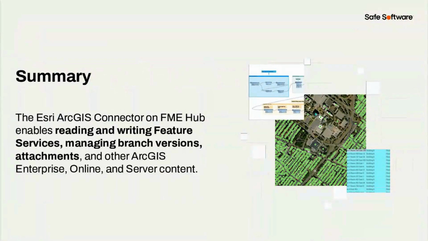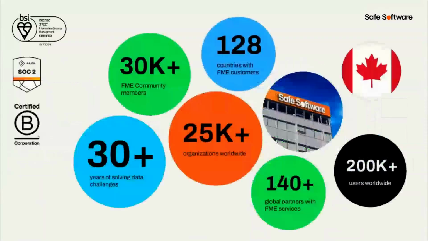So in conclusion, we took you on a whirlwind today. We showed you everything that's new and exciting about the ArcGIS connector, which is on FME Hub. So whether you're reading and writing feature services, managing branch versions and attachment in any of your portals, whether it's enterprise, online, or server, this can all be done by that package.